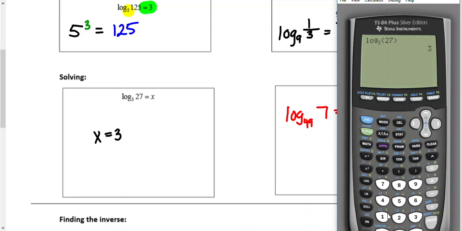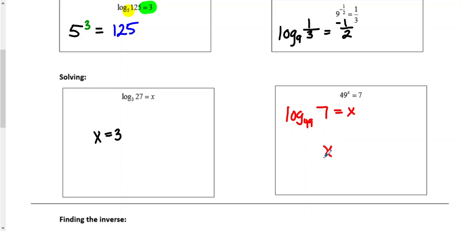So now I can go alpha window 5, 49, 7. Enter, and we get 0.5. We don't like decimals, so we have to go math, enter, enter, and get 1/2. So for this one, x equals 1/2. And you can always take that 1/2 and plug it back in for the x to make sure you are right.